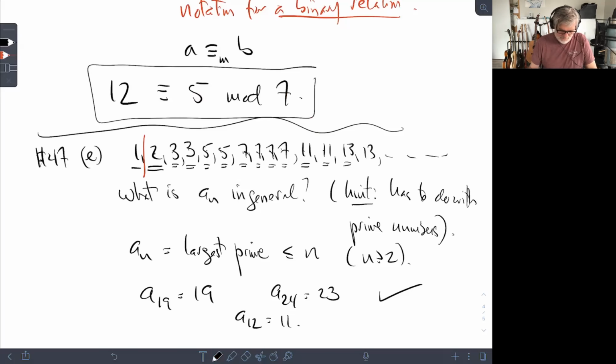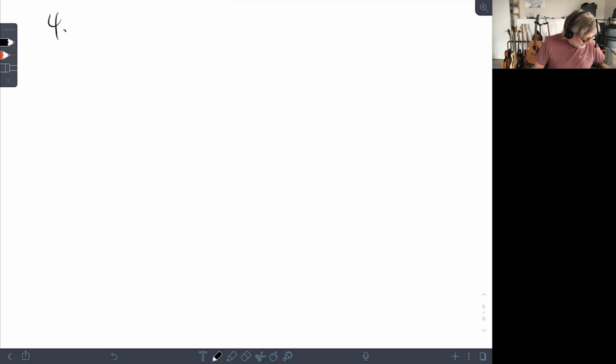X7, I don't know if it's actually an exercise in the book. Okay, let's go to 4.4.